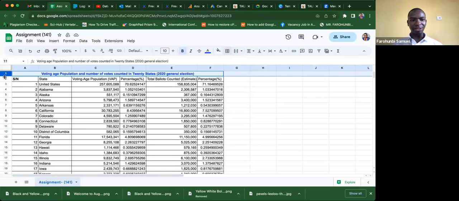Except the fact that there's no table, what I mean by that is there's no title. There's no title for this. Then the heading here is also wrong. So if the person is to put a title, you're going to create another row up here. Let me try to help you create another row up here.